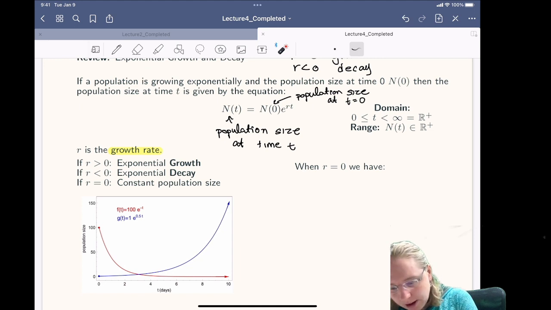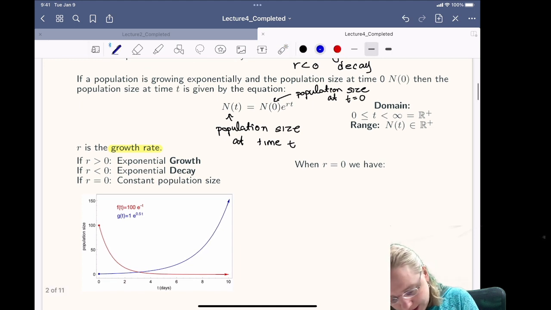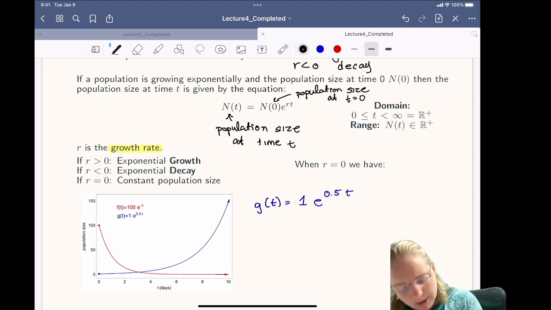So consider these 2 functions here. This blue function, g of t, is equal to 1 times e to the 0.5 times t. So this is our y-intercept. If we plug in t equals 0, we get out a 1. So we have a y-intercept of 1 here. And then our second function, f of t, is equal to 100 e to the minus 1 times t.